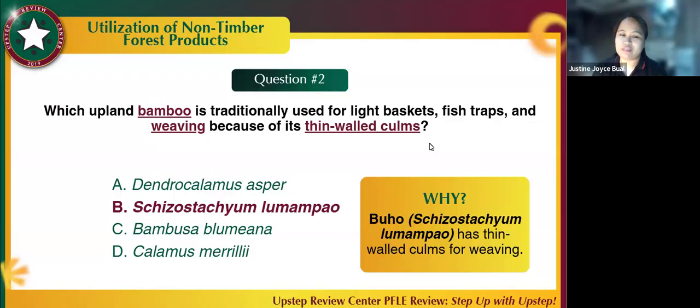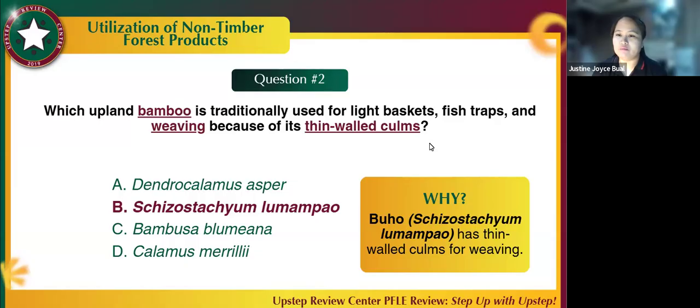There are several clues already included in the question: it's a bamboo, it should be ideal for weaving, and it has a thin-walled culm anatomy. If you'll notice in the other options, letter A is actually a species of bamboo, but it is giant bamboo, which is ideal for furniture.